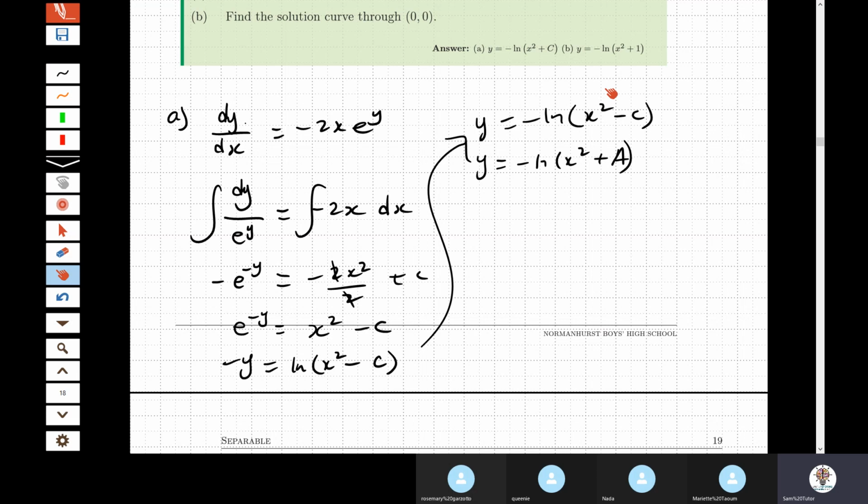Now, would it be wrong if you had left it as minus c? Again, no, it wouldn't be, because when you sub it in, find the solution curve through 0, 0, it will give you, like let's say this. Imagine A was 2. Just hypothetically, imagine A was 2. What would little c become? Minus 2.